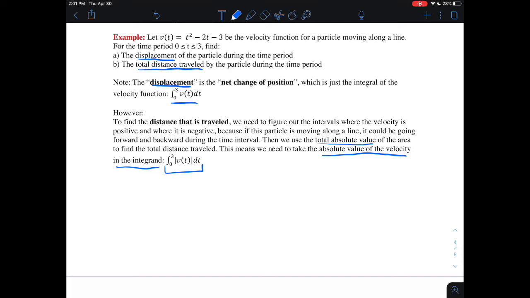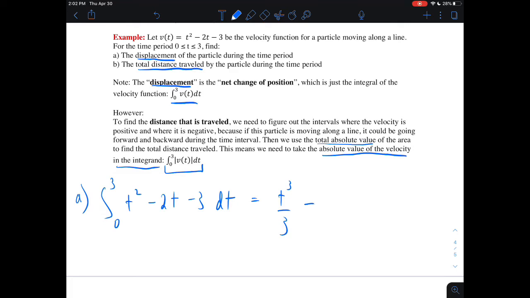So let's start with part A, the simpler one of these two. We need to just evaluate the integral from 0 to 3 of our velocity function, which is t squared minus 2t minus 3, and then this is with respect to t. These are just using the power rule again, so for t squared, I would increase the power by 1, 2 plus 1 is 3, and then divide by the new power.